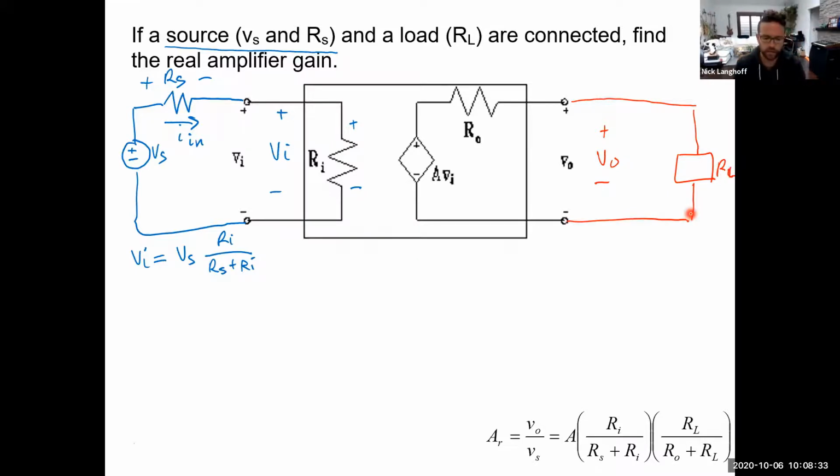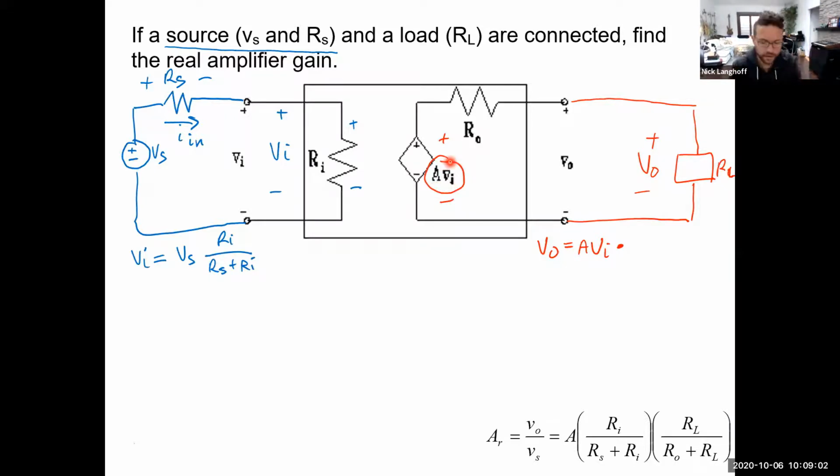And the voltage across RL, the output voltage, is going to be equal to AVI times, because that's how much voltage is generated here. This is AVI right here.